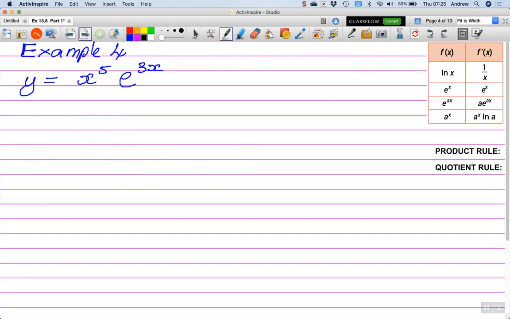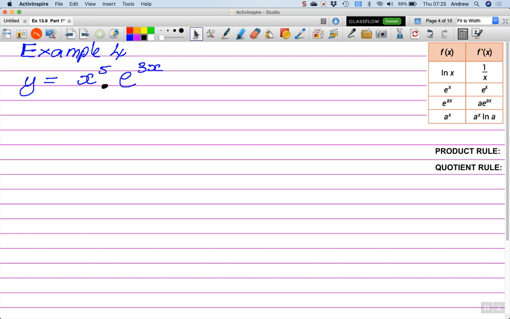Going on to example number 4. And we've got the same problem again. You had to, first of all, recognize it was the product rule.